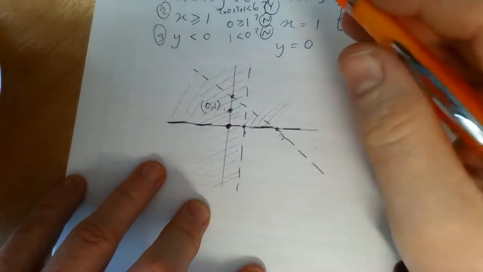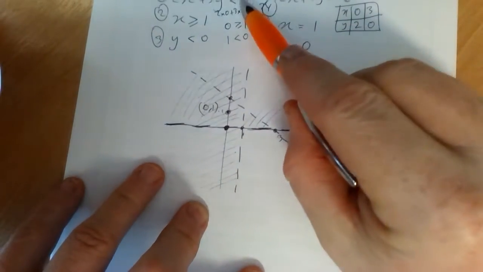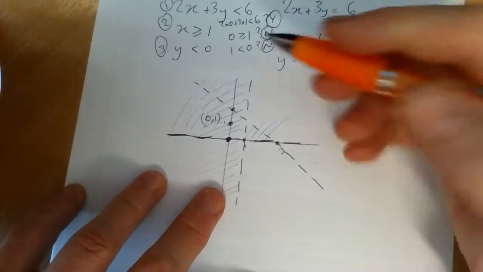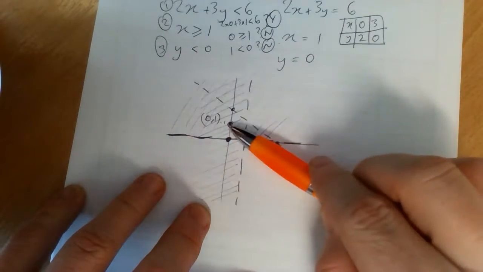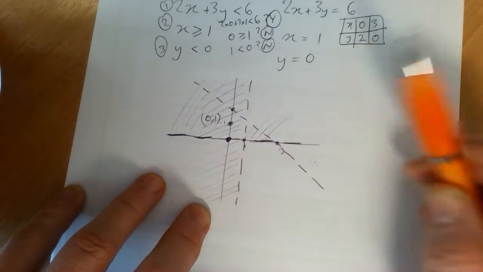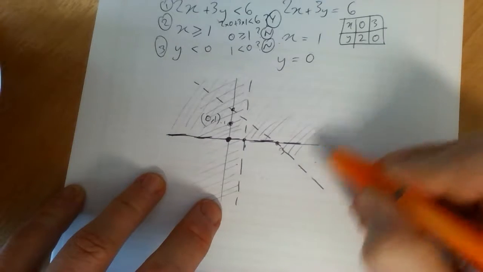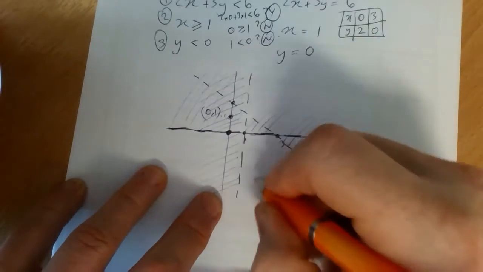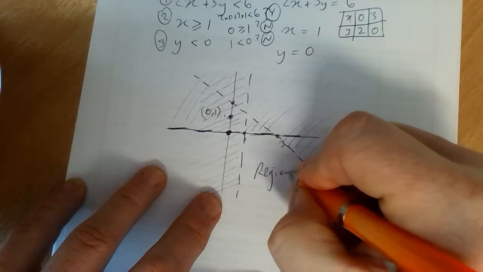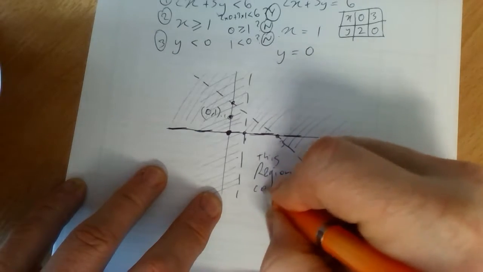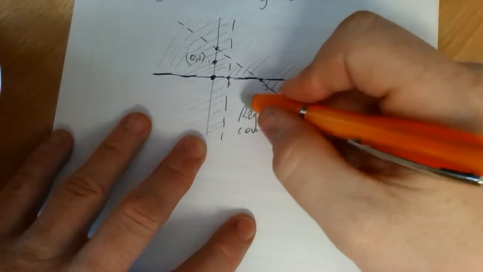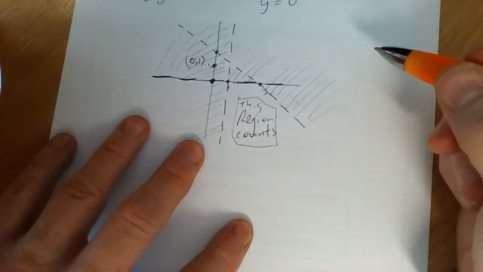Now, we decided we did like the point from the point of view of that inequality, so we like this side of the line because that's the side that this point is on, so we don't like that side of the line. So therefore this region counts. I always recommend writing on this region counts.